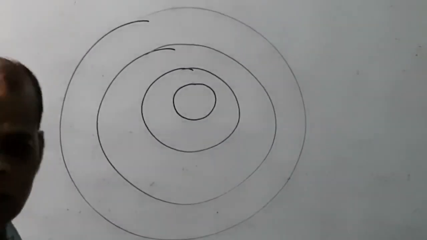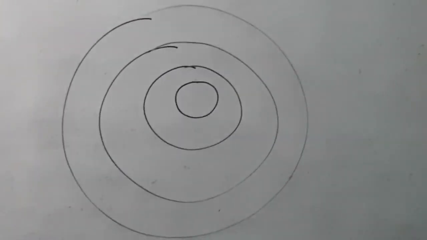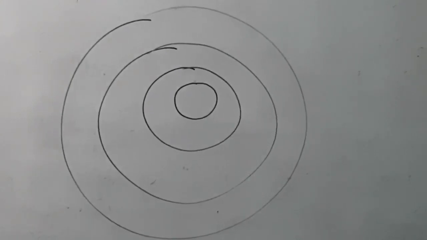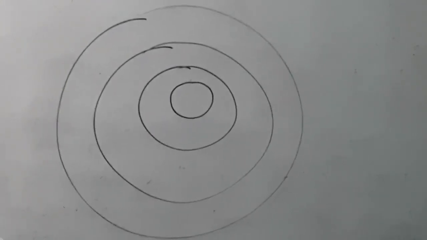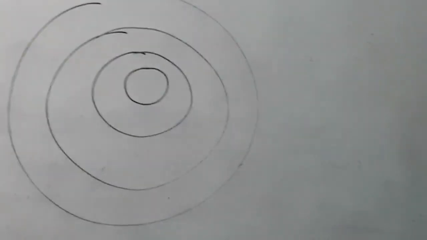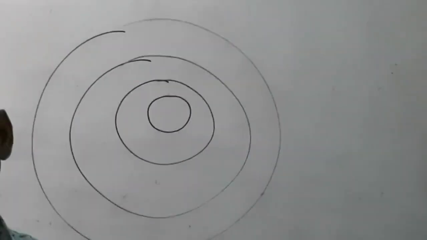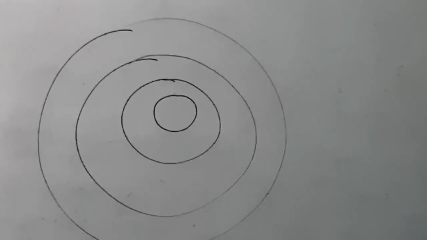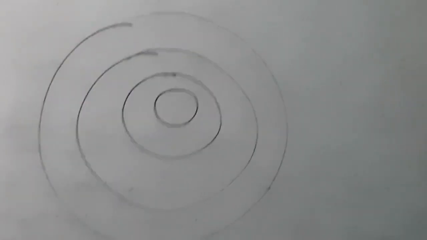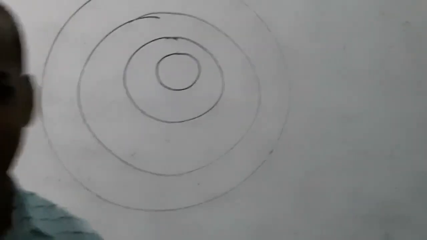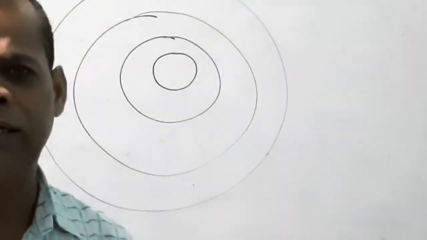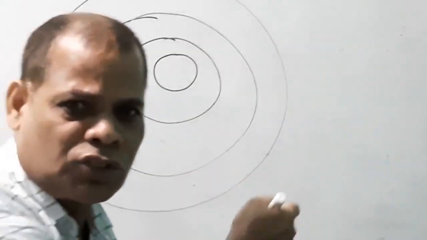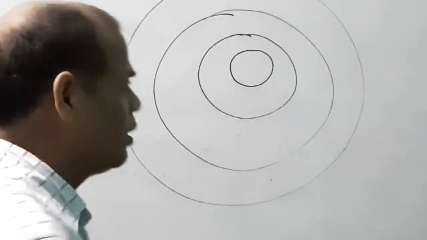Though it is not clear at this time, in order to make you understand how this phenomenon happens, why this plastic comb after rubbing with dry hair is able to attract the small bits of paper, my dear student, I have drawn this figure.